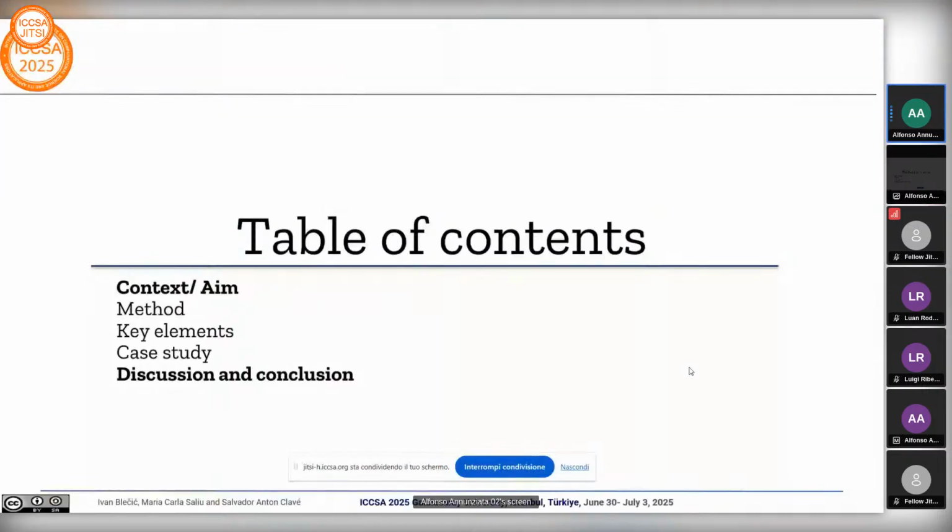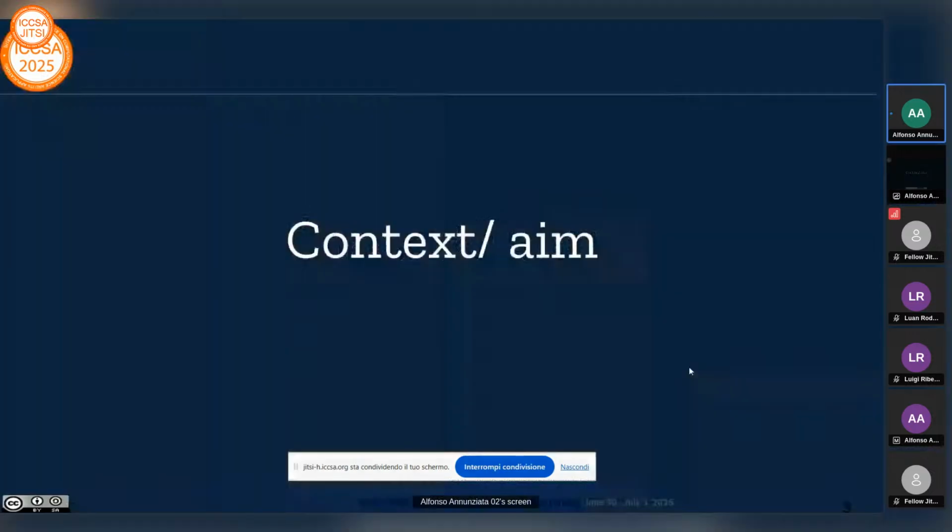Today, I'm going to give you some information about the context of my research project, and then I'll focus on the aim of this contribution. I present three different sections about method, the key elements, and an application to a real ongoing case study, and then I'll finish with the discussion and conclusion.